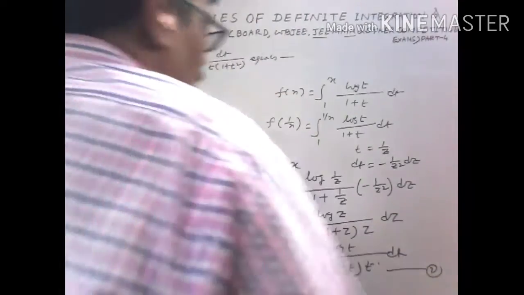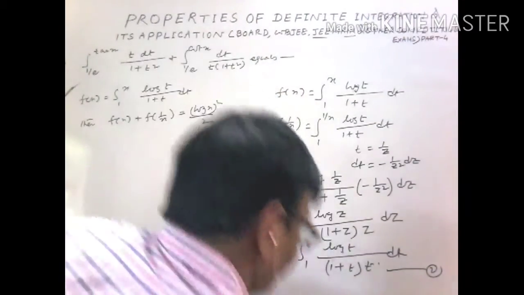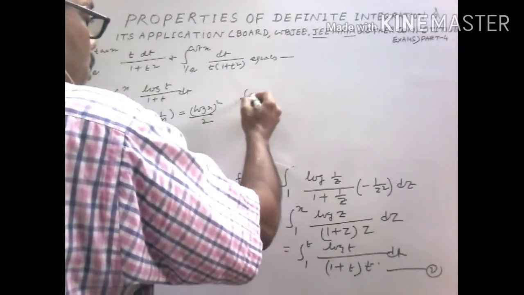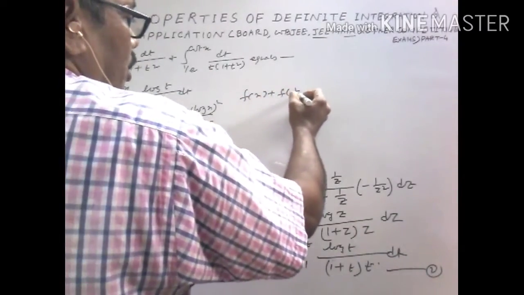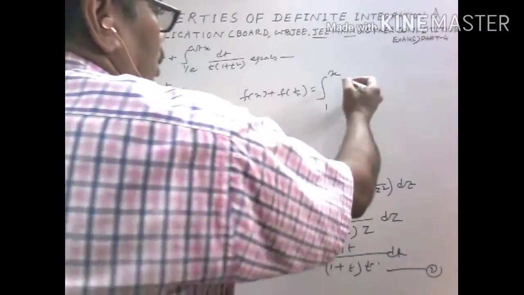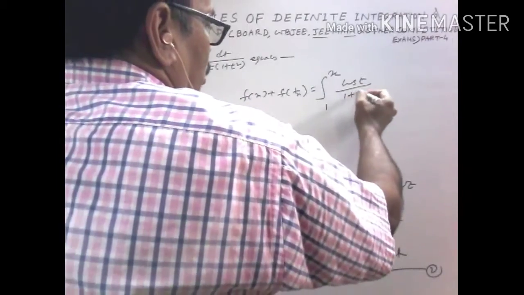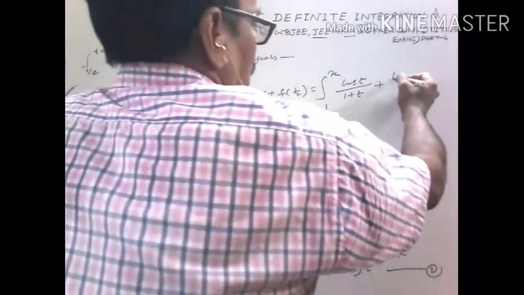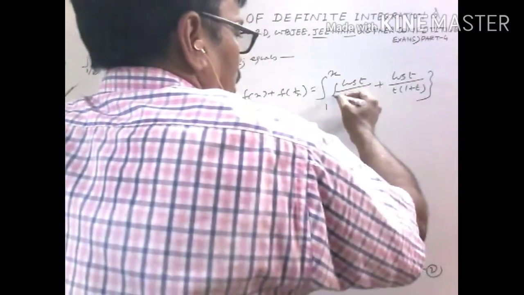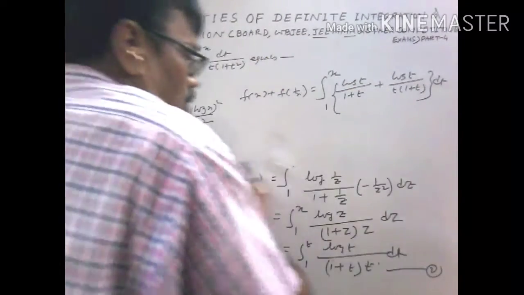Now if we add, this is f(x) plus f(1 by x). So if we add these two, look, the limit is the same, 1 to x, both limits, and the first one is log t by 1 plus t, and the second one is log t by t into 1 plus t, and total dt.